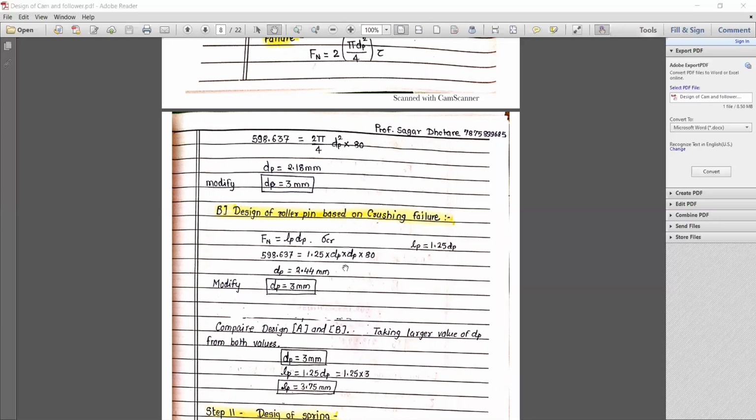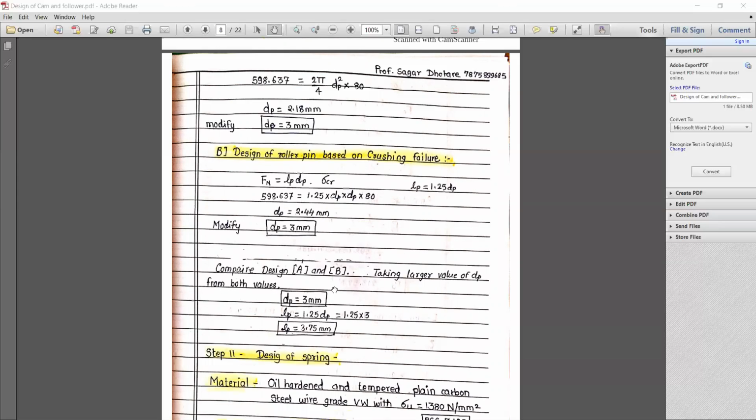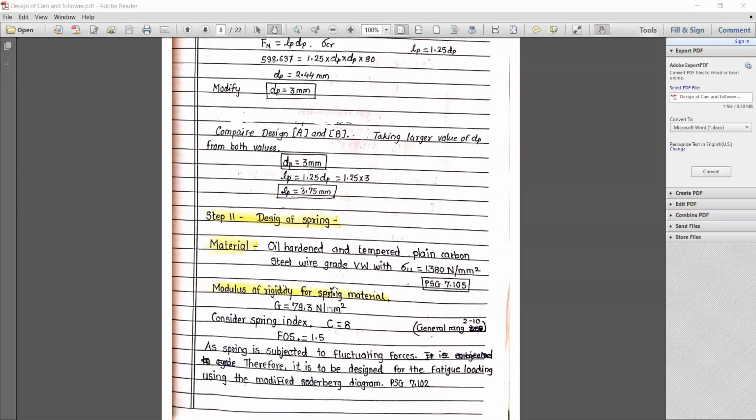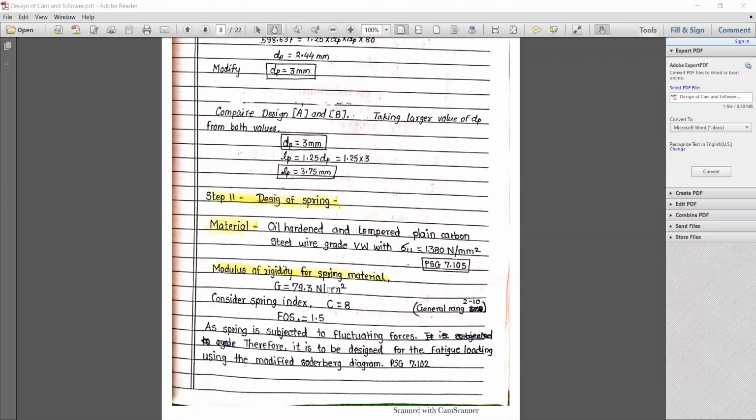So putting all the values, we get dp equal to 2.44 mm, which is again near about 2, so dp is equal to 3 mm. From both the comparisons, the value of dp is 3. If either has a larger value, we can select that value. So as dp is equal to 3, the length of the pin is equal to 3.75 mm.